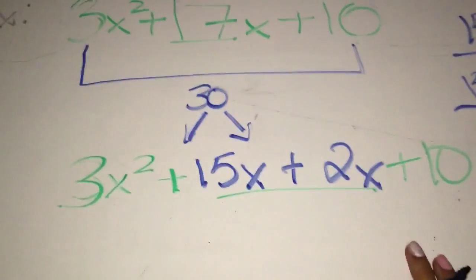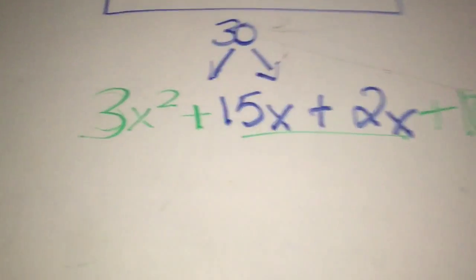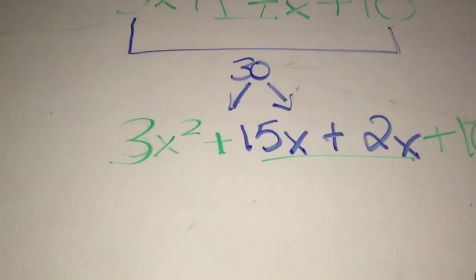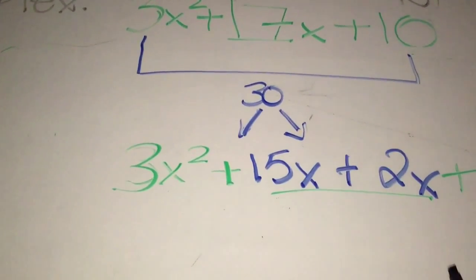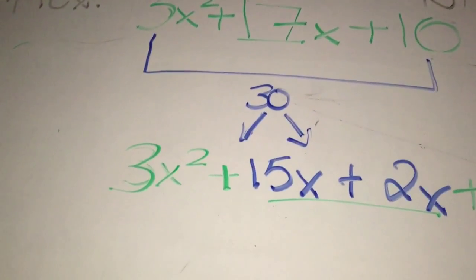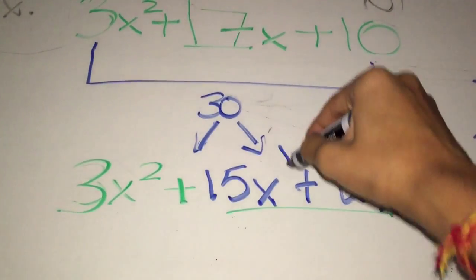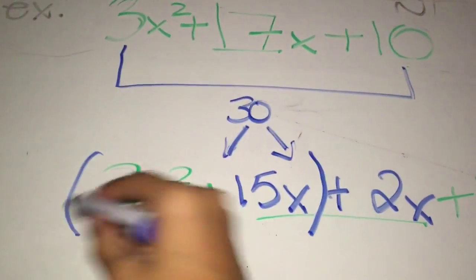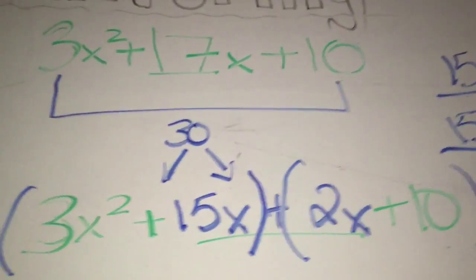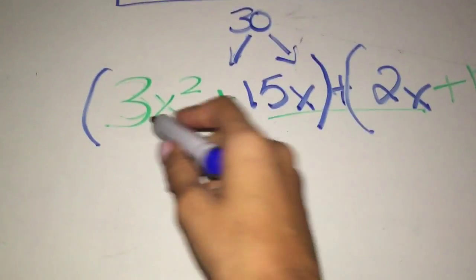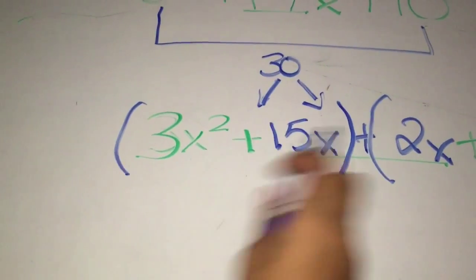Now that you've come to this part, you can solve by grouping. But before you do that, you need to group your like terms. So over here you can group 15 and 3, 2 and 10. When you group them, you have to get the greatest common factor.